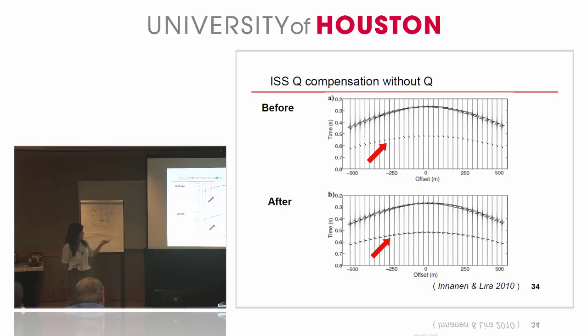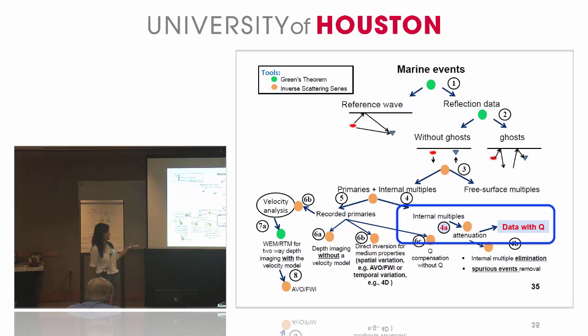The above picture is the data with Q absorption, and you can see the second primary has a smaller amplitude, but after applying the inverse scaling series Q compensation without Q method, you can easily see the amplitude is boosted.